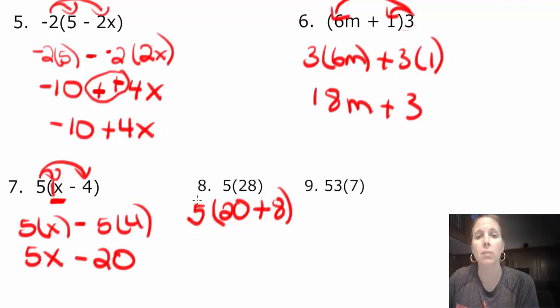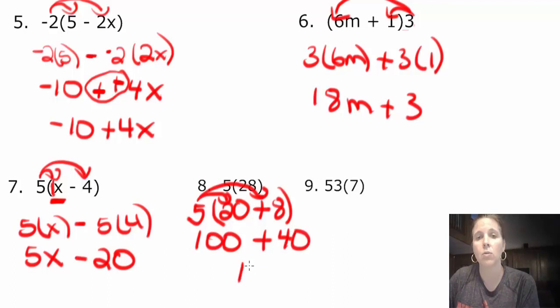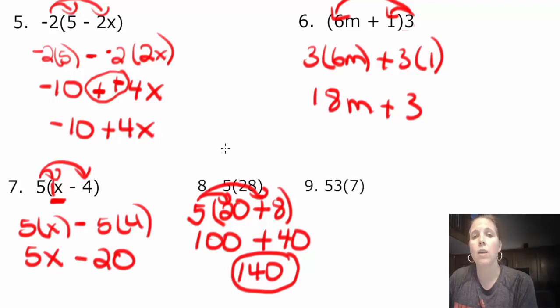So then when you multiply, 5 times 20 is 100 plus 5 times 8 is 40, and you can add them together to get 140. So in your head you could do, okay, well I know 5 times 20 is 100 and I know 5 times 8 is 40, so if I add them I get 140. Okay, same with this one.